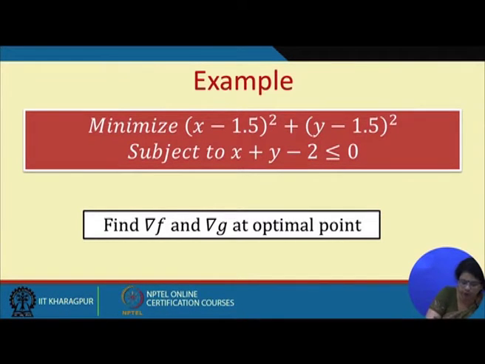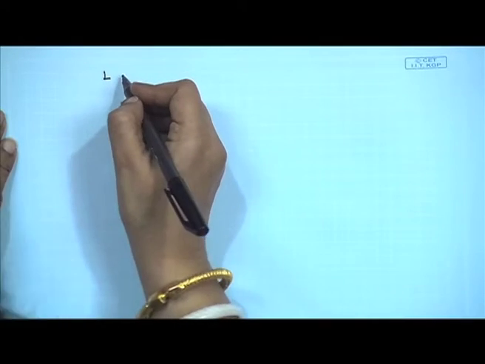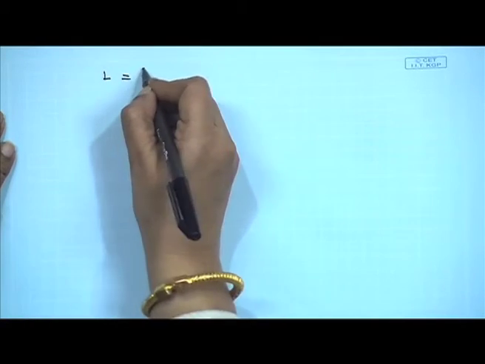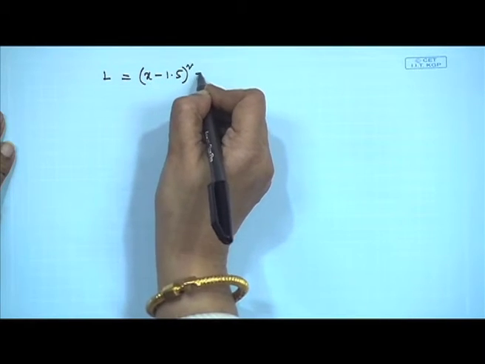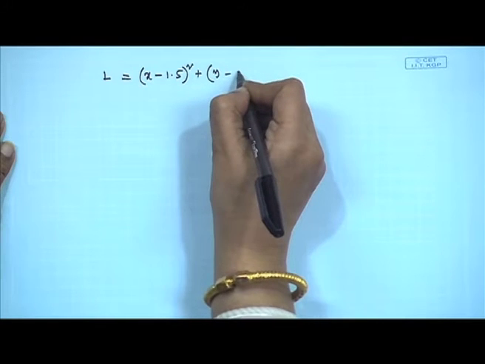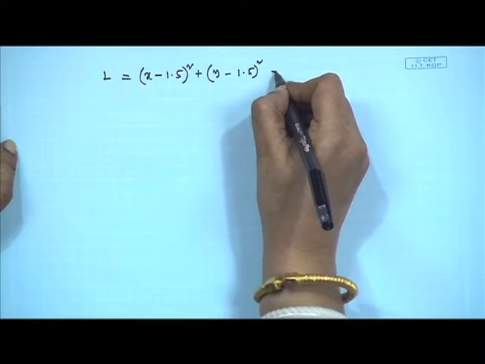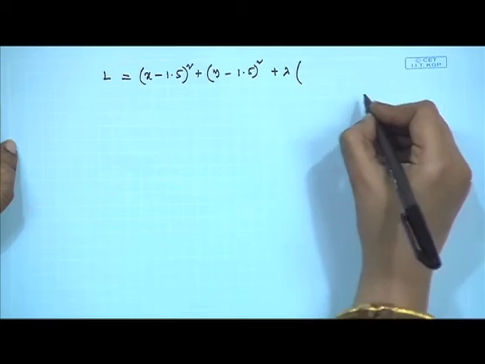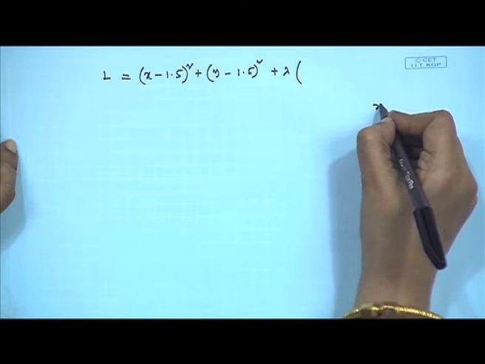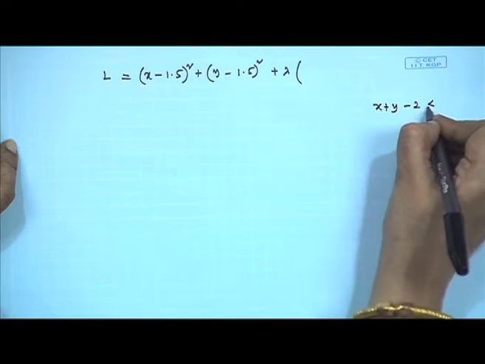If we formulate the Lagrange function for this problem, then L is equal to (x minus 0.5) square plus (y minus 1.5) square plus lambda into the constraint x plus y minus 2 less than or equal to 0.